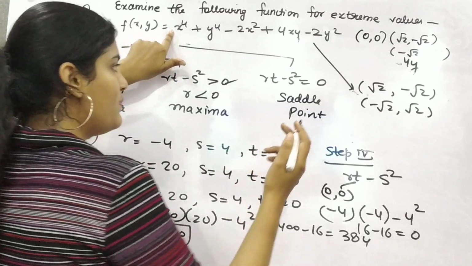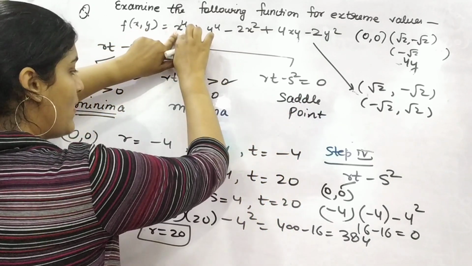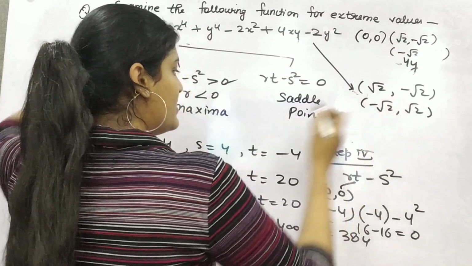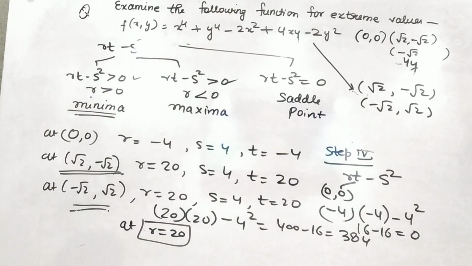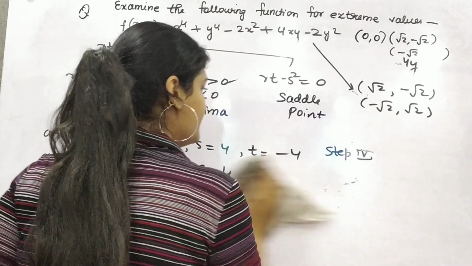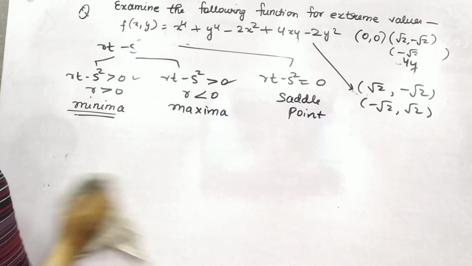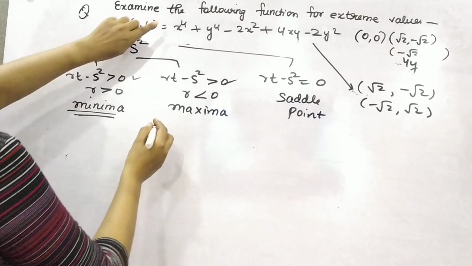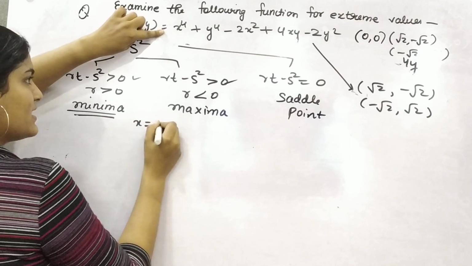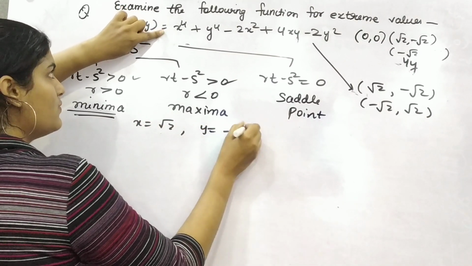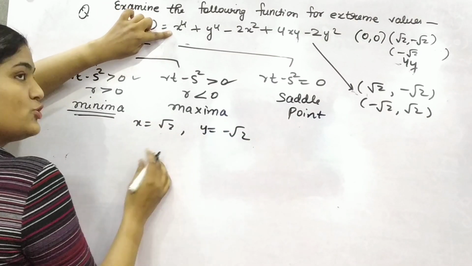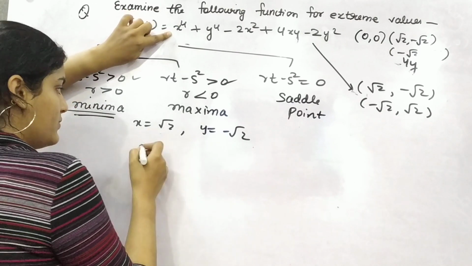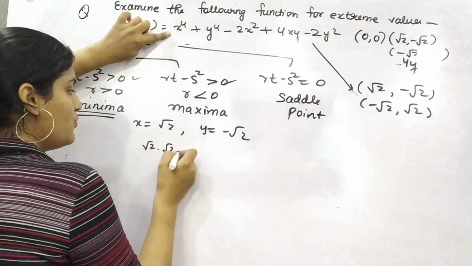So let me do it once. x raised to power 4, I'm putting x as root 2, y as minus root 2. So root 2 raised to power 4: root 2, root 2, root 2, root 2.